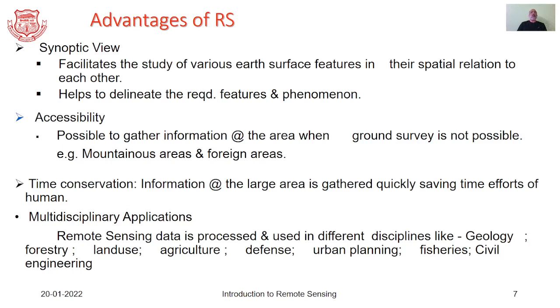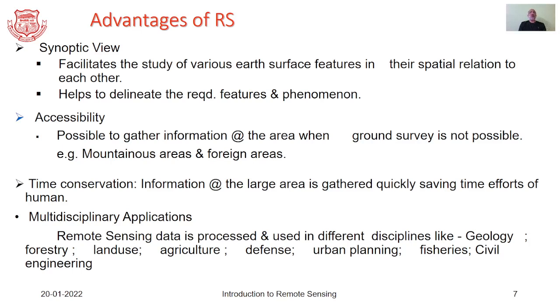In view of surveying, this technique has a lot of advantages. Firstly, it gives a synoptic view of the features under consideration. So, this facilitates the study of various features situated on the ground in their spatial interrelationship.